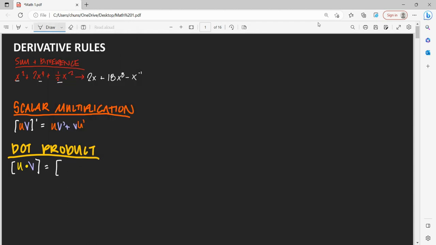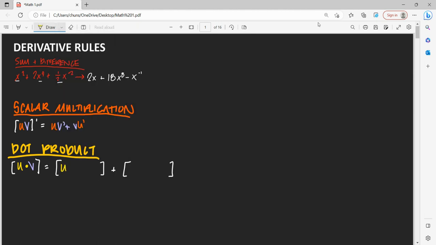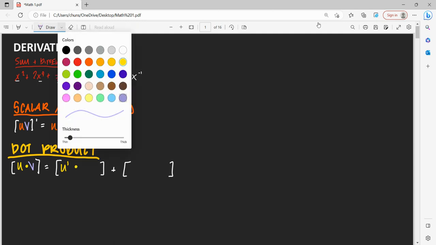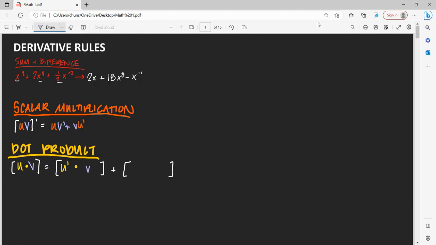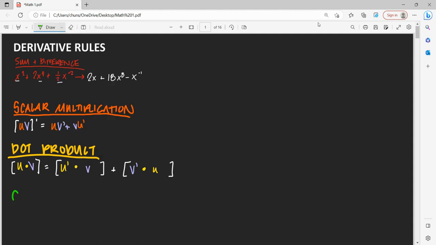So we're going to have two terms again. In the first term, we have u prime, the dot product of v. And then in the second term, we have the derivative of v with the dot product of u. In the same vein, we also have cross product. So we take the cross product derivative.